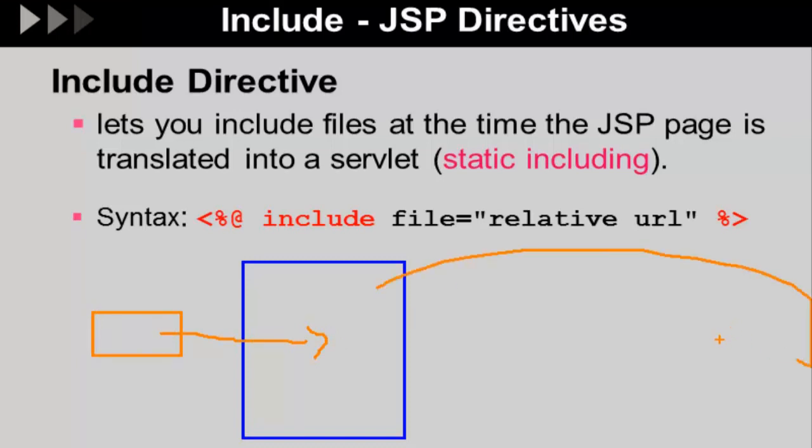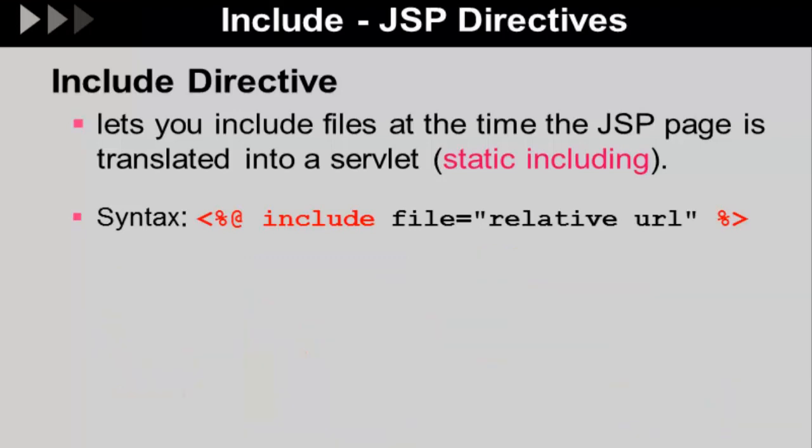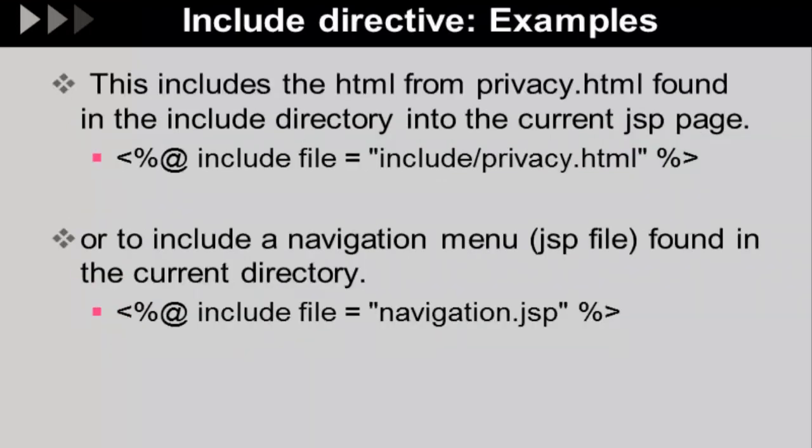During the translation into this servlet, this page is included, no doubt. But whenever somebody makes a request, this page is revisited again, and if it has been modified, that modified information will also come there. So per request, whenever somebody makes a request, it goes to that page and picks up the changes if it has been modified. That is dynamic inclusion. For every request, it is doing it. That's the meaning.